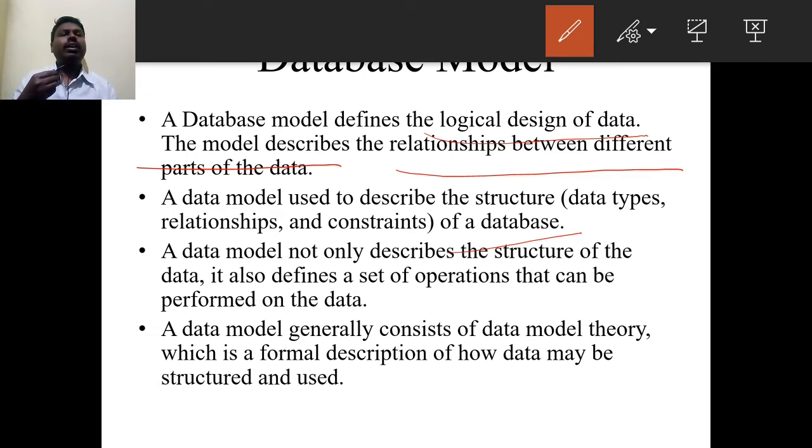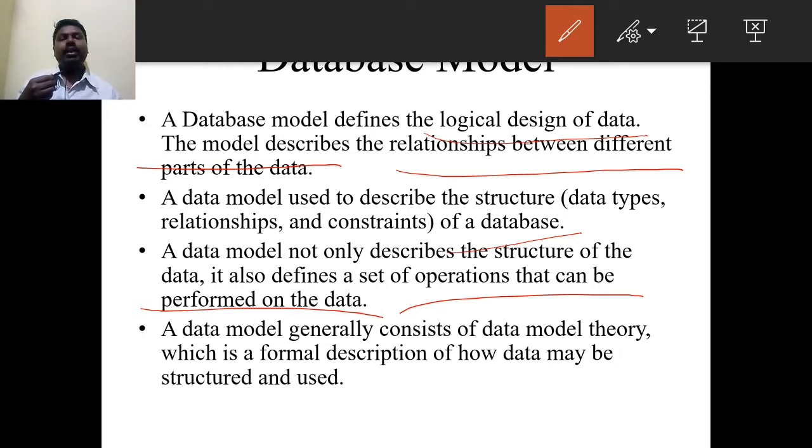What is the structure of a database? Data types, relationships, constraints. These are all the things in the structure of a database. Here the data model not only describes the structure of data, it also defines a set of operations that can be performed on data. What operations can we perform on the data?